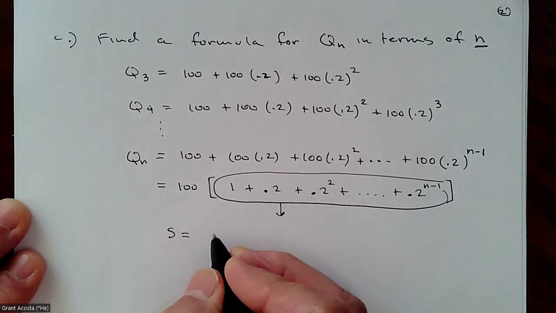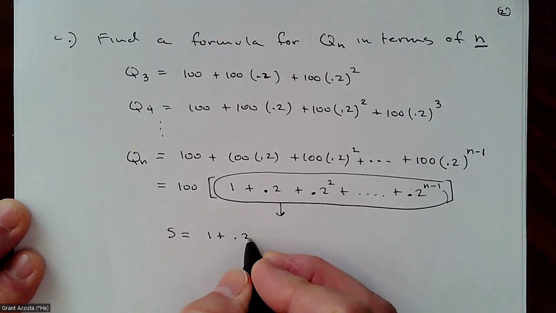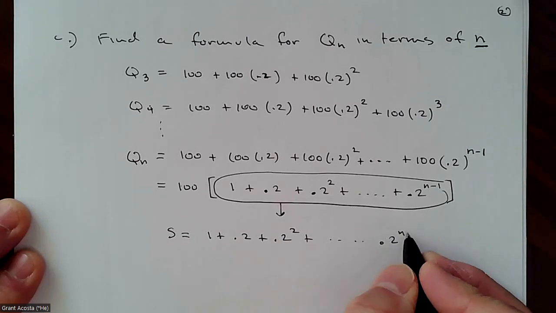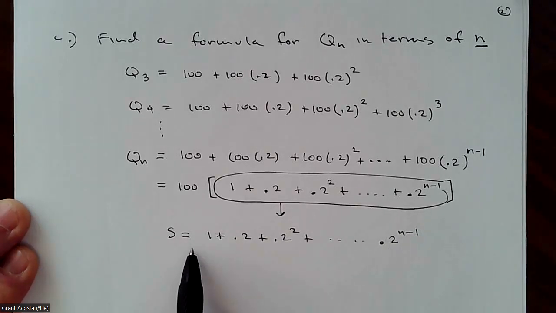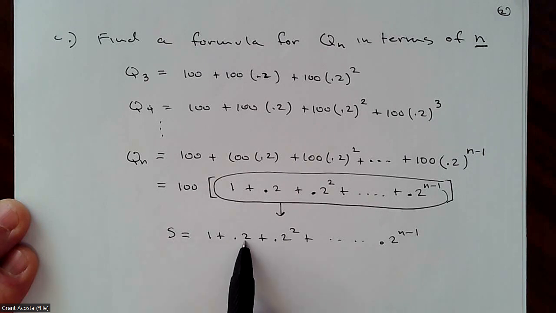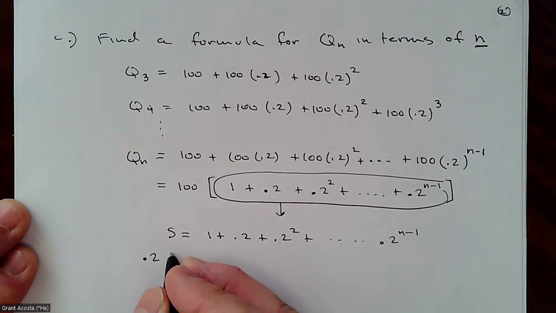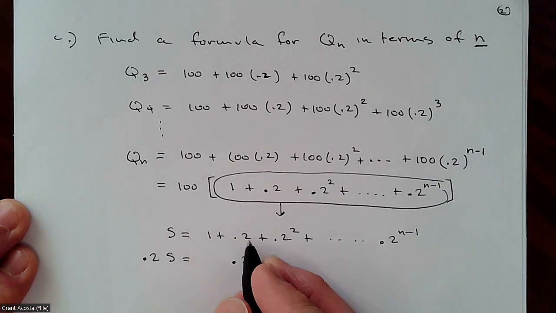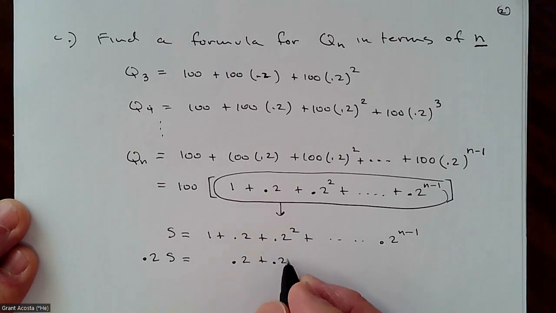So if I want to find the sum of 1 plus 0.2 plus 0.2 squared plus dot, dot, dot, 0.2 to the n minus 1, remember the trick was I want to multiply both sides of my equation by the r value, which is 0.2. So I multiply this by 0.2, you get 0.2. This one by 0.2, you get 0.2 squared.